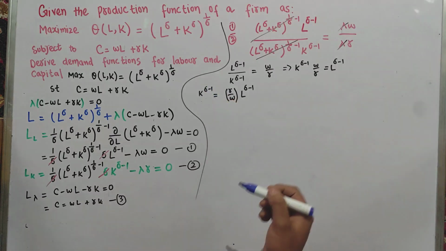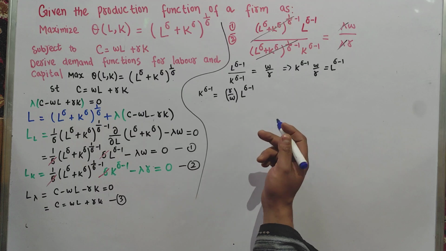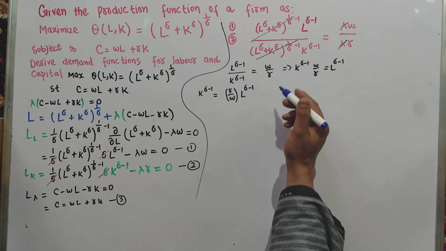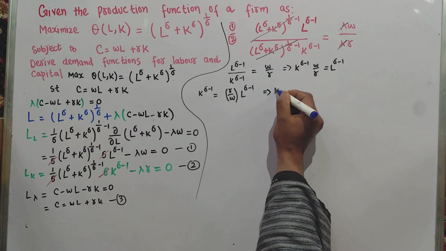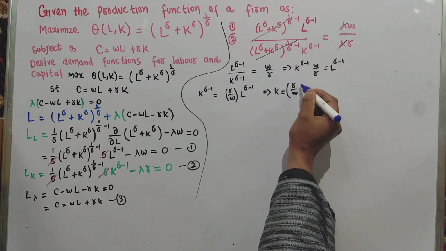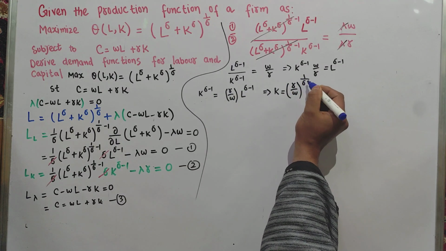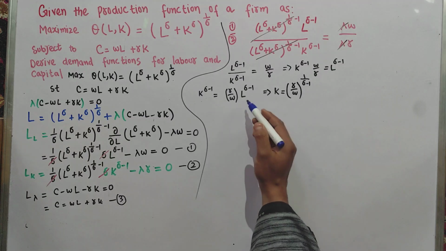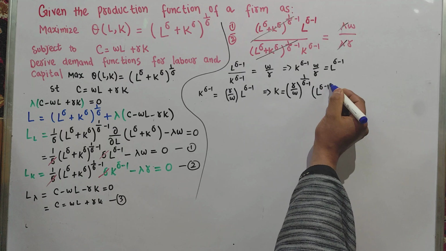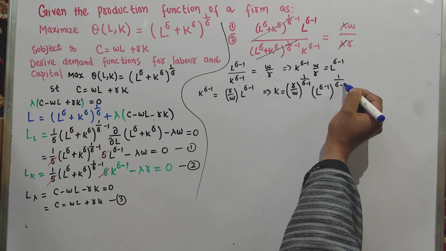If I transpose the exponent, it will become the exponent in reciprocal order. So I will get K equal to R upon W whole raised power 1 divided by delta minus 1, and then we have L raised power delta minus 1, raised to 1 divided by delta minus 1.